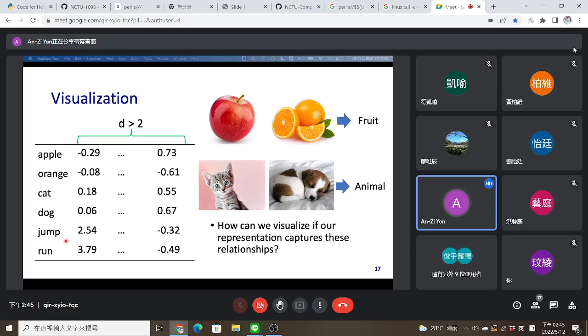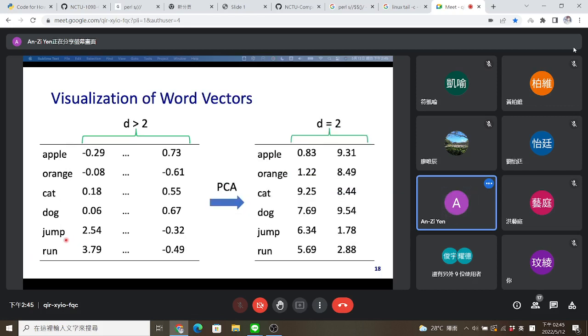Okay, so when we have a representation of our words in a high dimensional space, we could use an algorithm like PCA to get a representation on a vector space with fewer dimensions, like d equals 2. If we want to visualize our data, we can get a reduced representation with fewer features.